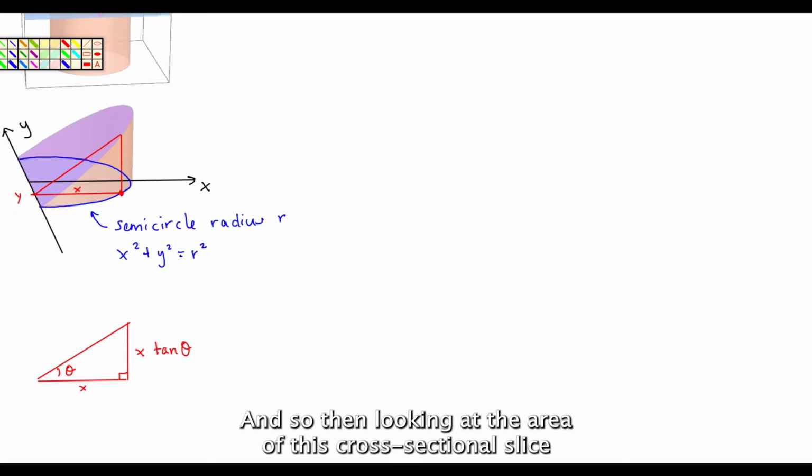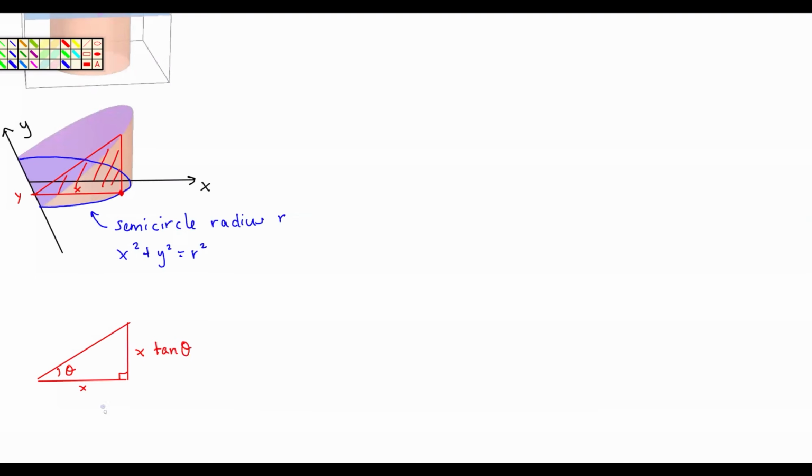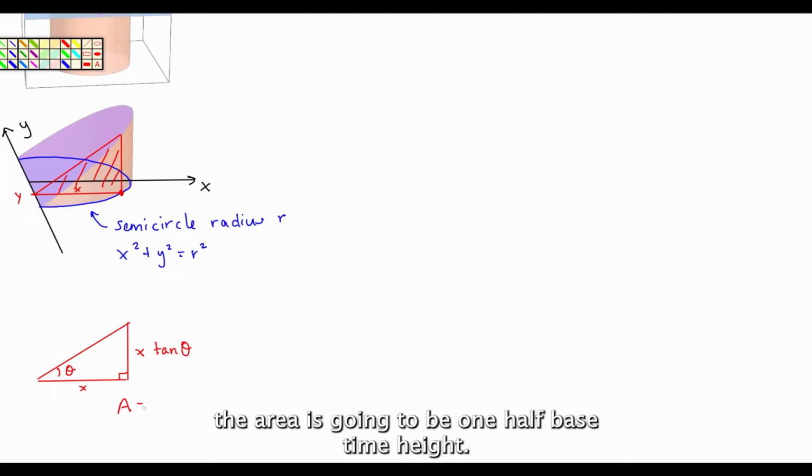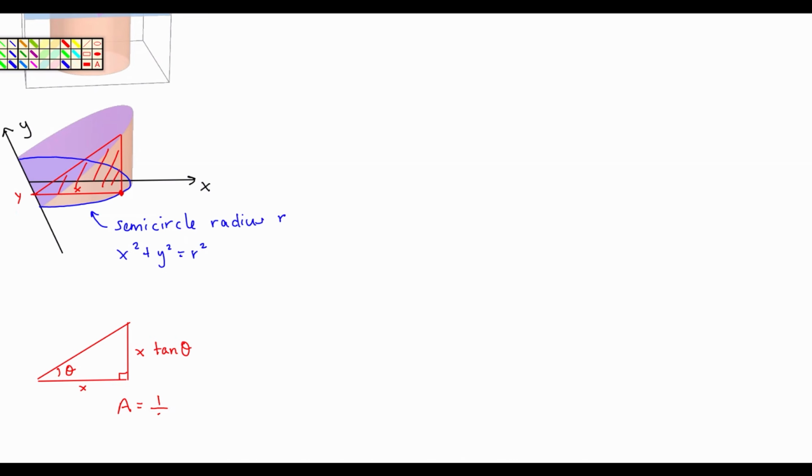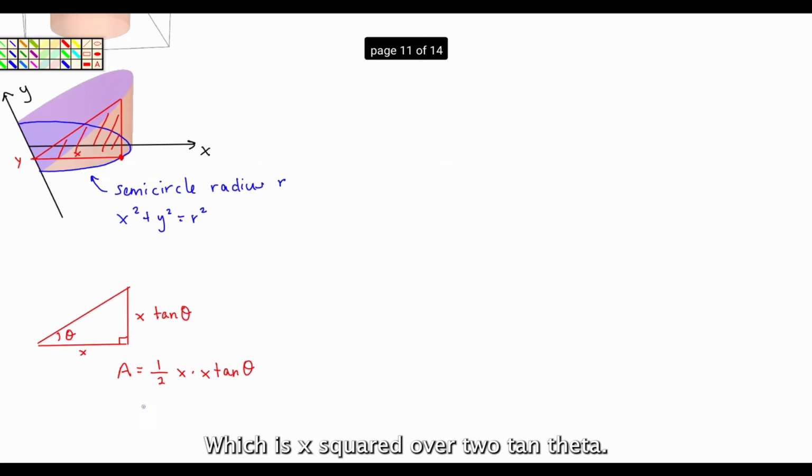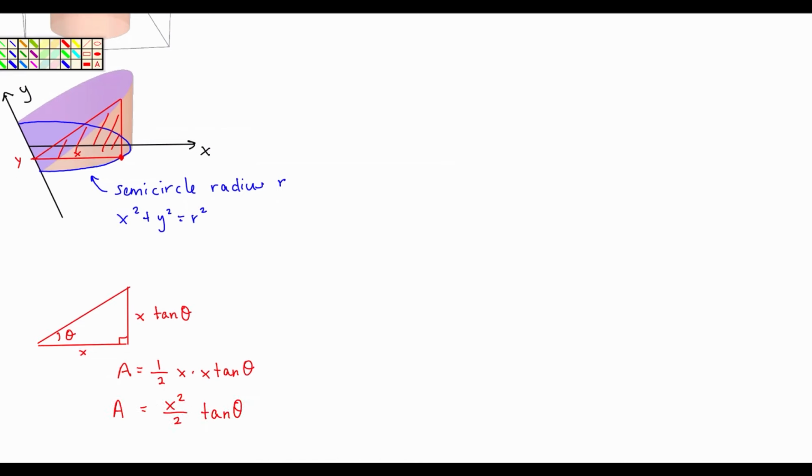Okay? And so then looking at the area of this cross-sectional slice, the area is going to be 1/2 base times height. So it's 1/2 x times x tan theta, which is x squared over 2 tan theta.